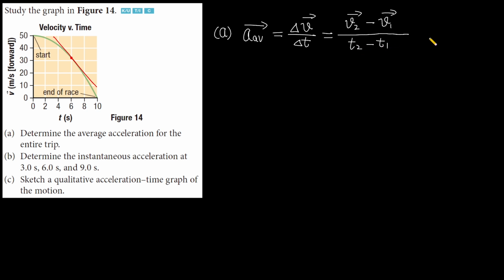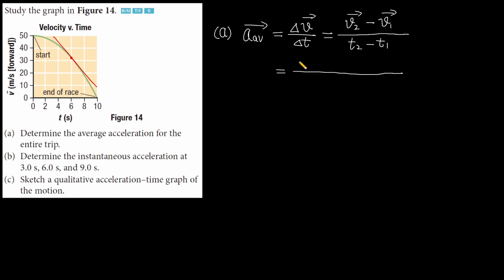A. The average acceleration equals the change of the velocity divided by the time interval for the change, and this equals the change of velocity, which equals the final velocity minus the initial velocity, and the time interval equals the final time minus the initial time, and this equals, look at the picture, the final velocity here is 0.